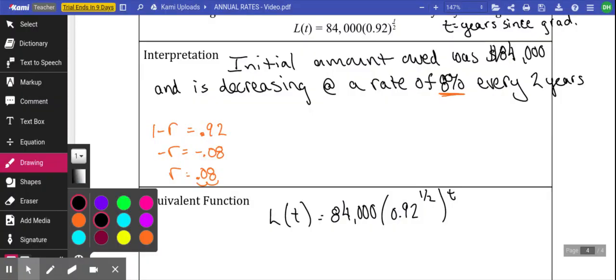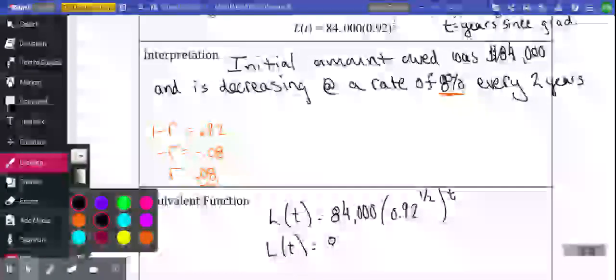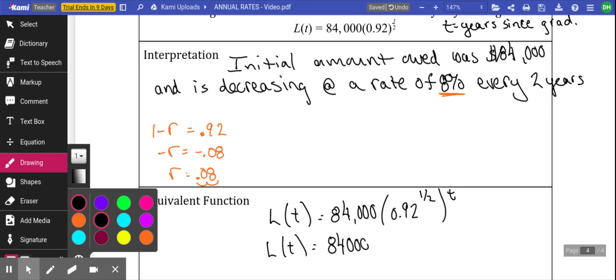We'll evaluate 0.92 to the 1/2. 0.92 raised to the 1/2. Ooh, okay, 0.9592. So an equivalent function would be 84,000 times 0.9592 raised to the t.